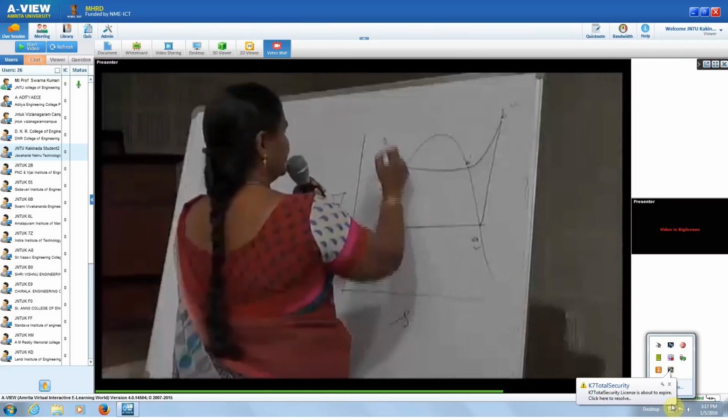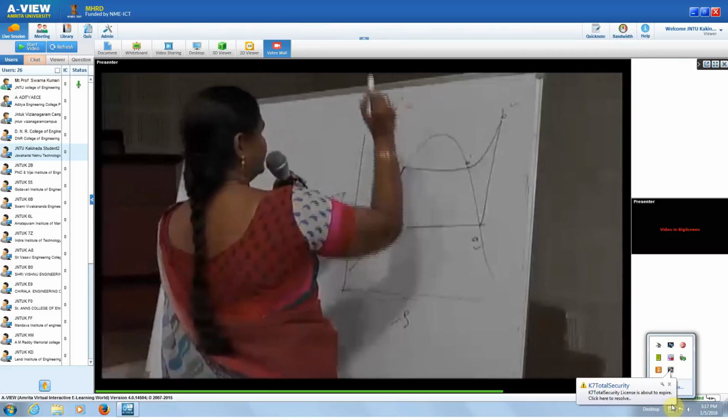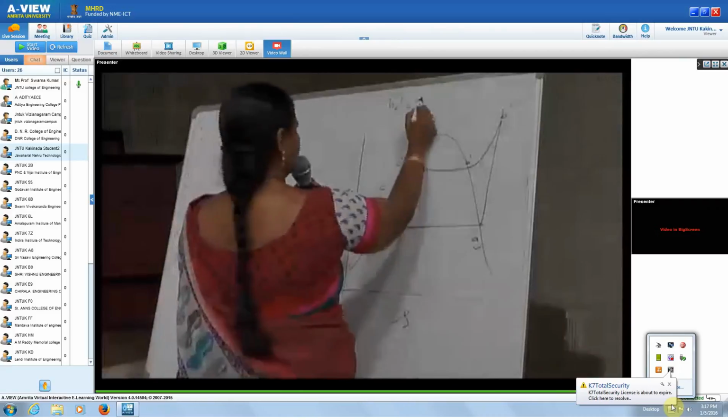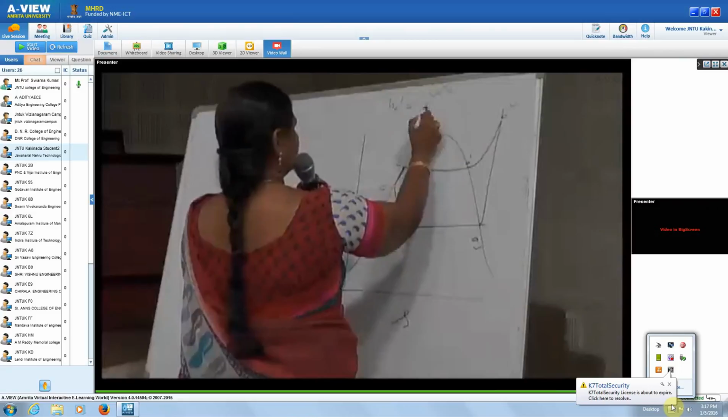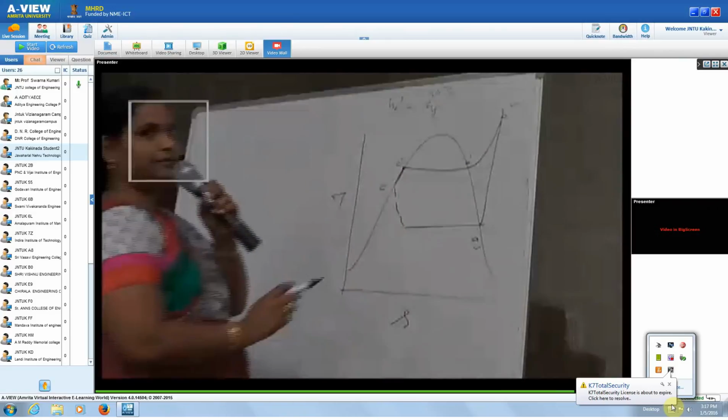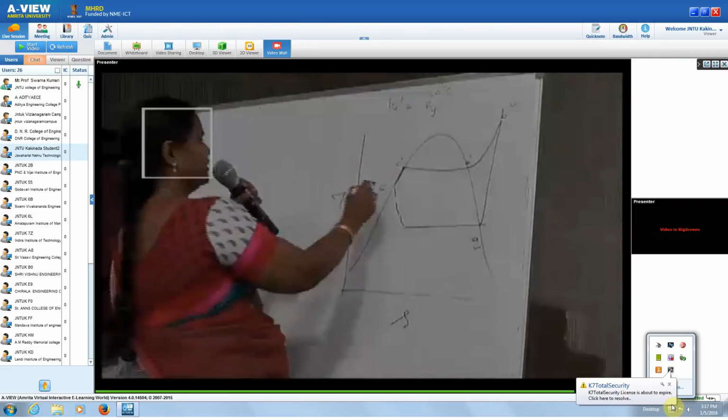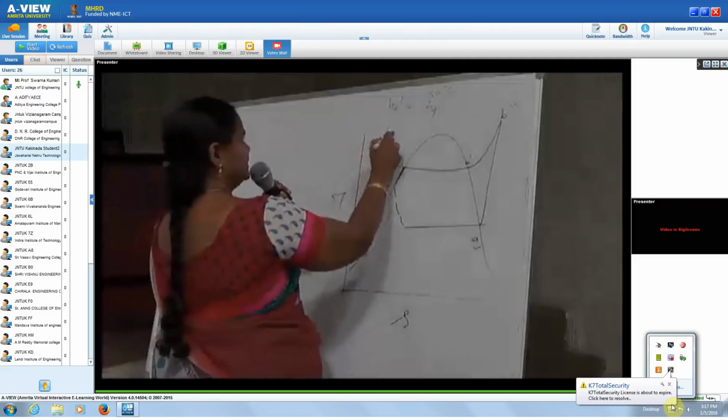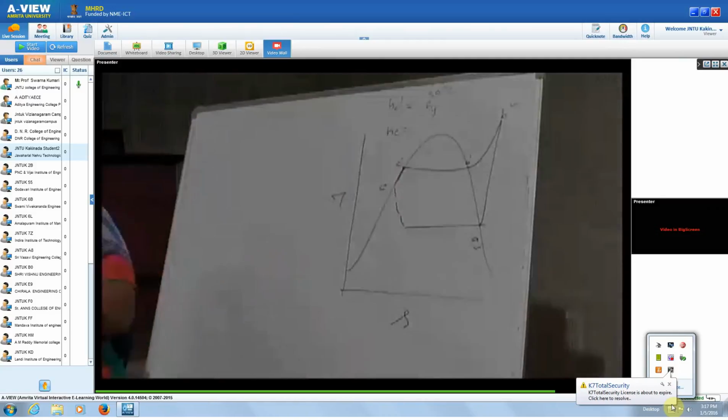So directly you can know Hc dash. Hc dash is nothing but the value of the liquid refrigerant at 30 degrees centigrade. But here you have to find out this Hc, because the refrigerant is subcooled by 5 degrees centigrade.